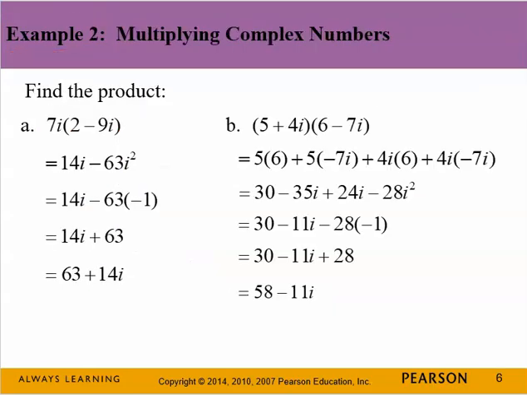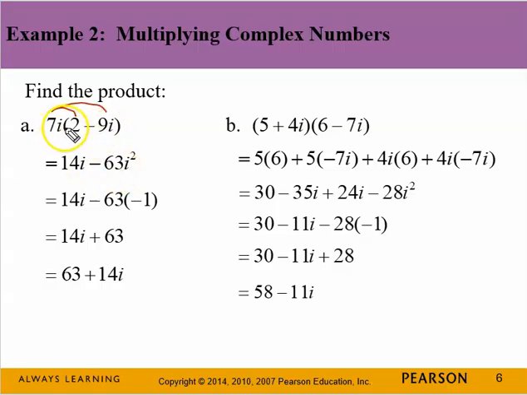Now, in example 2, there are two problems, an a and a b, and it's pretty straightforward, although this is the little interesting part. So we're going to distribute that, and we get 14i. That's straightforward. We distribute this, and we get a negative 7 times 9, which is a negative 63.